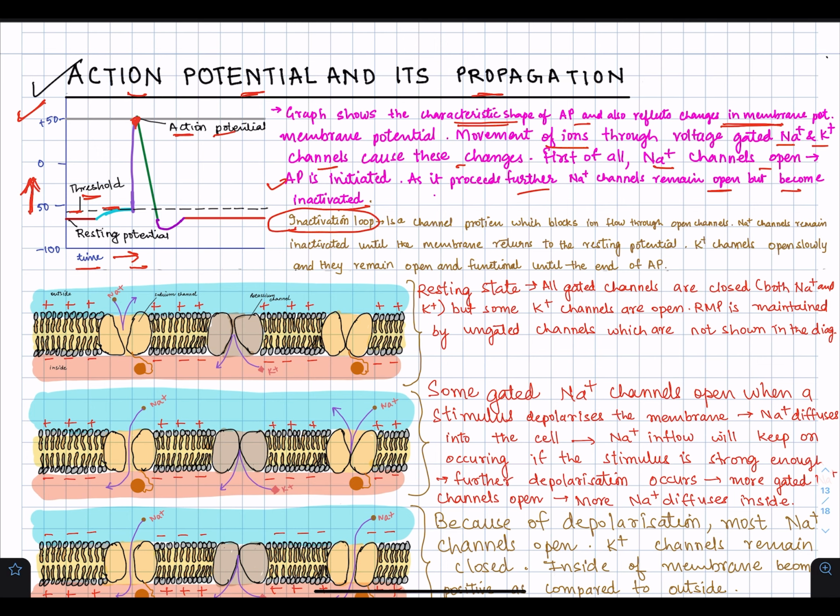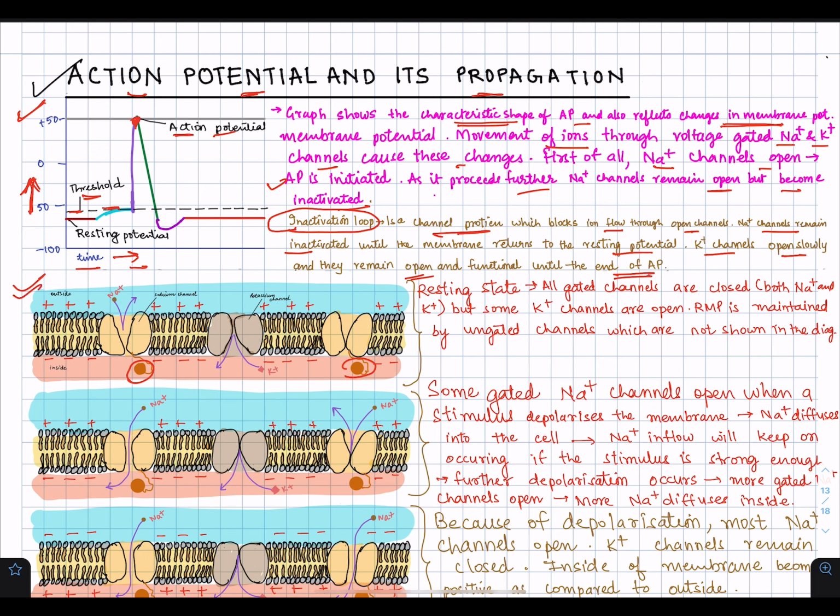In this diagram, see, this is the inactivation loop over here. It is a channel protein which blocks ion flow through open channels. Sodium channels remain inactivated until the membrane returns to the resting potential. Potassium channels open slowly and they remain open and functional until the end of action potential.